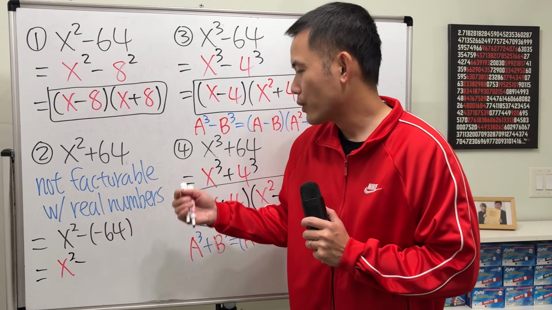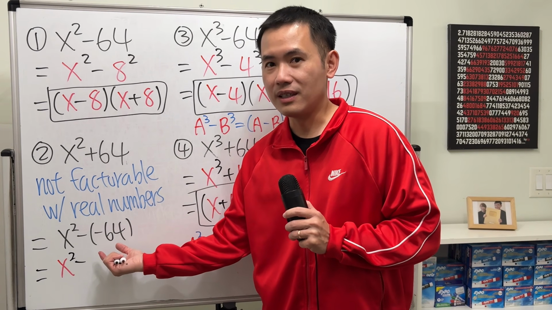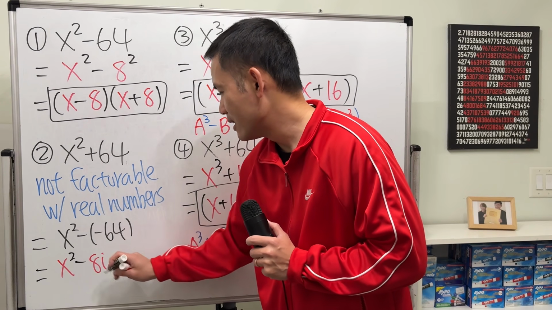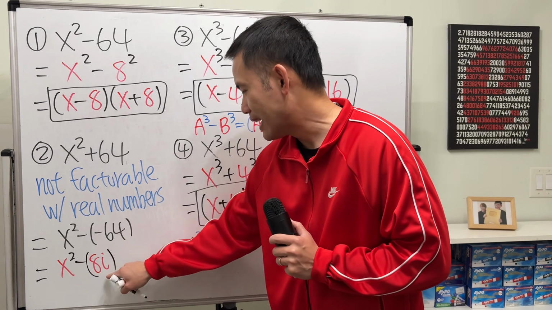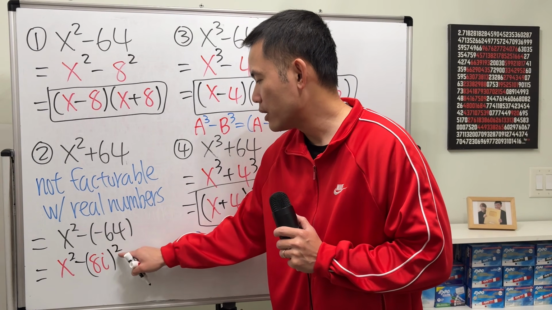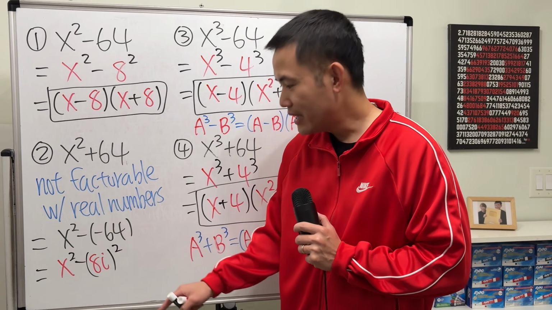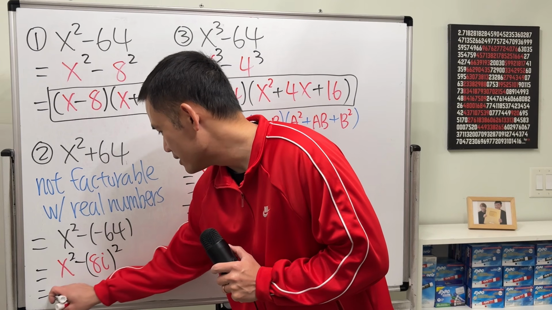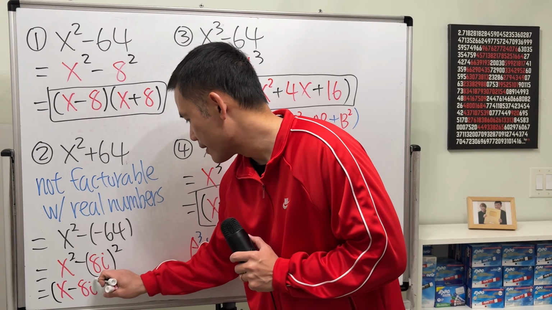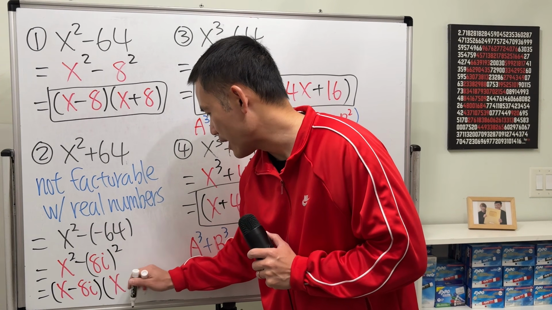Now we have to think about something squared that will give us negative 64. And the answer for that will be 8i. Not ai, but 8i. Because 8 squared is equal to 64, and i squared gives us negative 1. So if you look at this now, you can factor it: x minus 8i times x plus 8i.